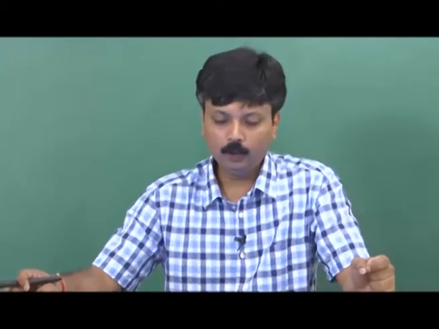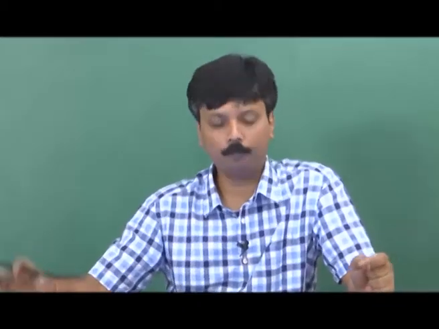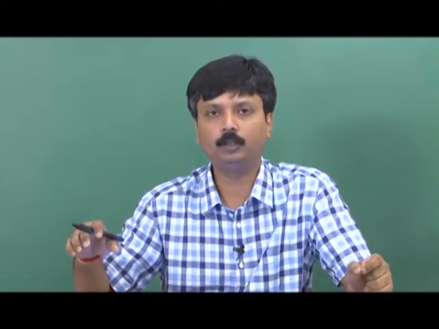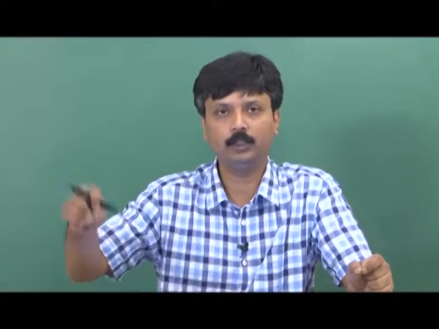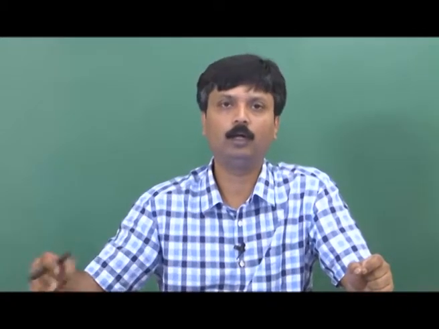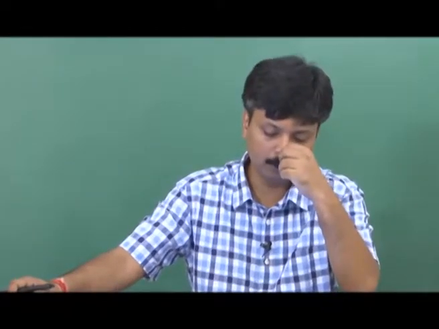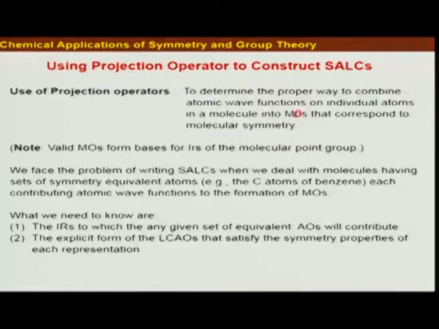So in order to form the SALCs, what do we need to know? So first thing is that we need to know the irreducible representation to which any given set of equivalent atomic orbitals will contribute. Correct? So for example, if you take benzene, all the carbon atoms, and the wave function associated with each carbon atom, or in other words the atomic orbitals of each carbon atom, how are they going to contribute to the formation of the particular irreducible representation that we are concerned about.